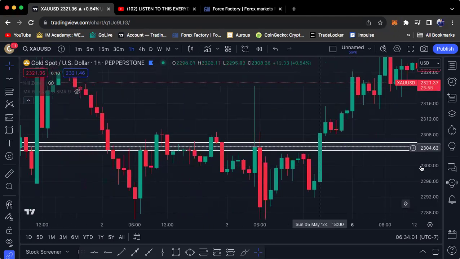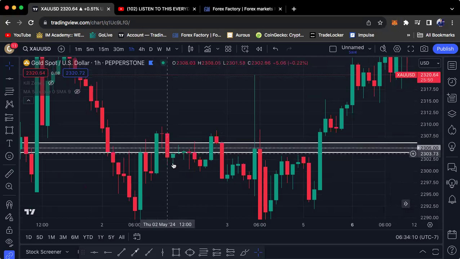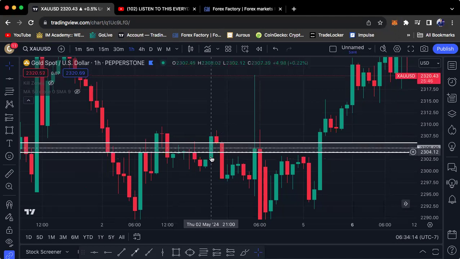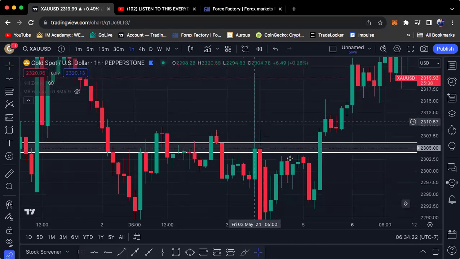As you can see here, it closed above, but it retested, but then it broke below, right? And it broke below again, broke above, but it failed to create that break and retest and then the continuation toward the upside.